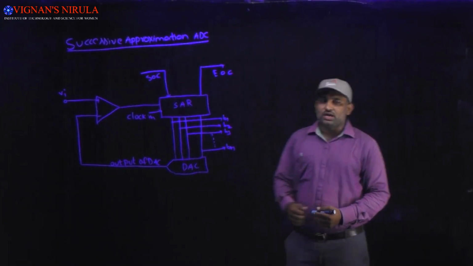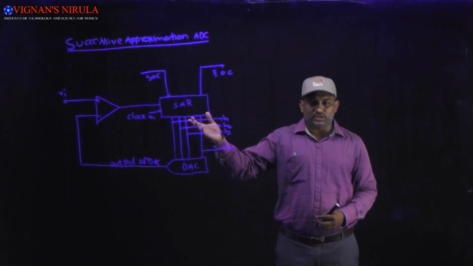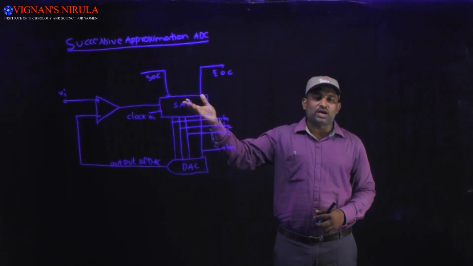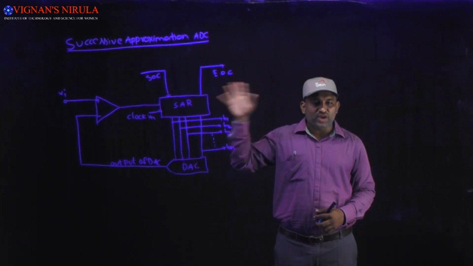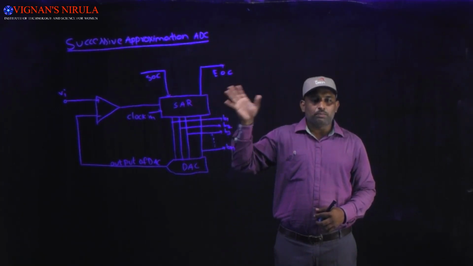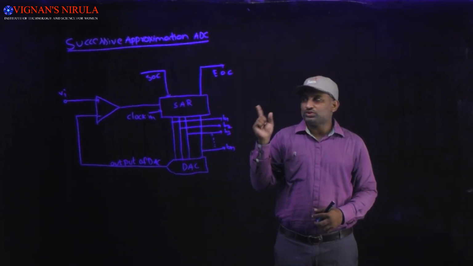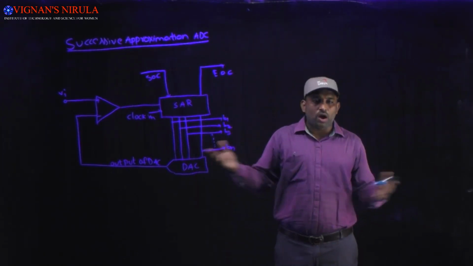And coming to the successive approximation technique, the searching of the binary code is similar to searching for an unknown weight with a balanced scale and a set of standard weights, which is the successive approximation.